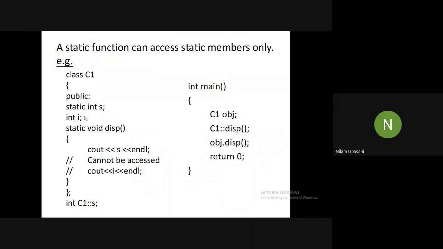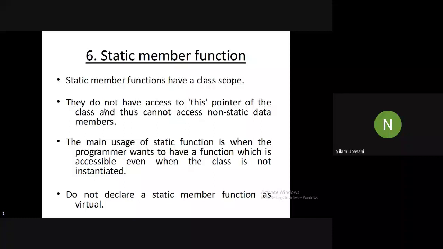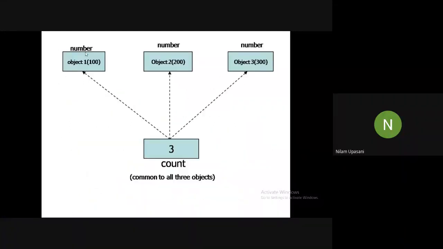Like you take the example of roll number. Your roll number is specific to one particular student, or specific to one particular object, whereas class teacher name is for all the objects, common for all the objects. Yesterday we have seen this also, like every object has its own data, and this is the static member.